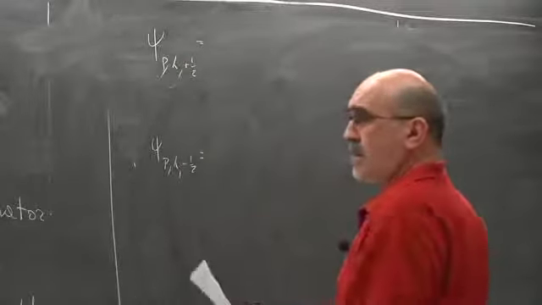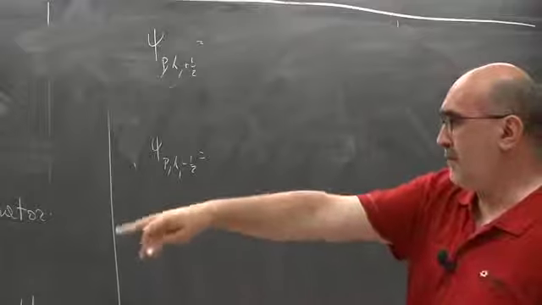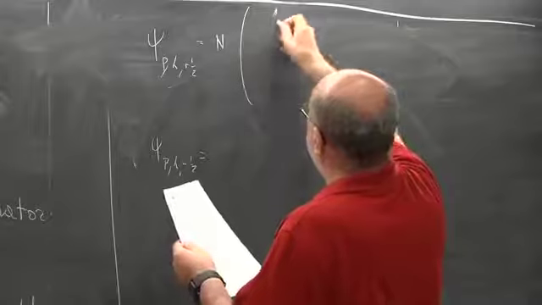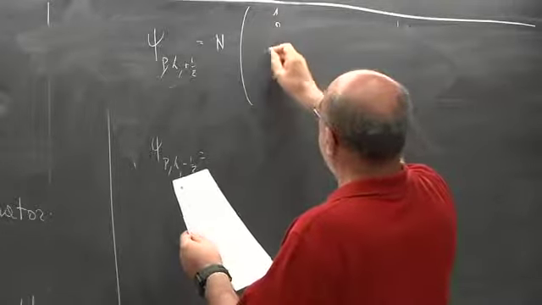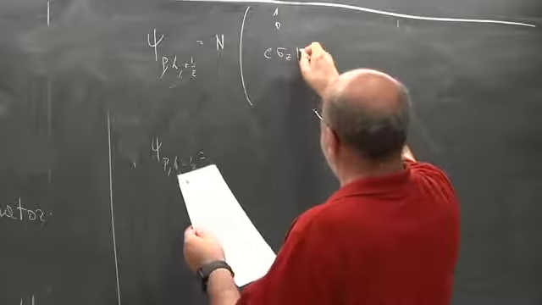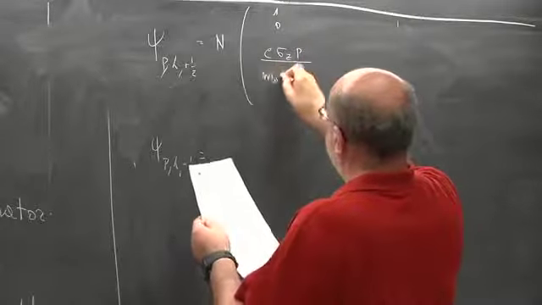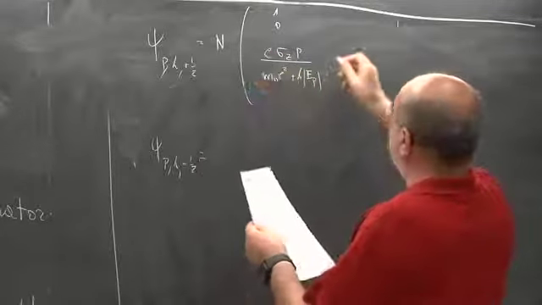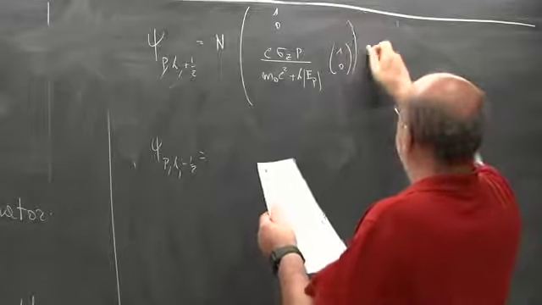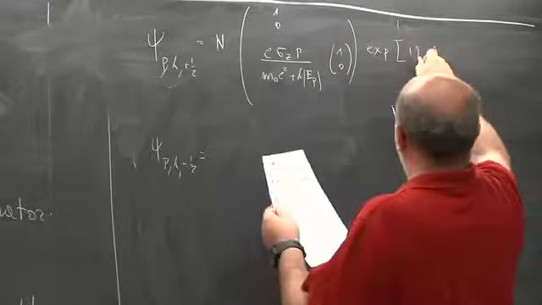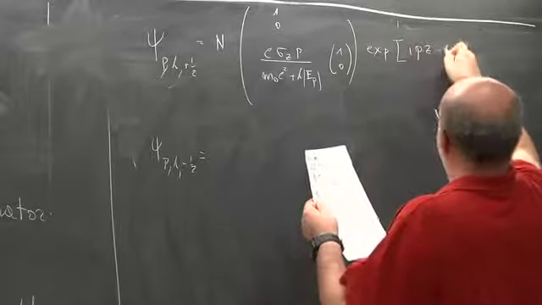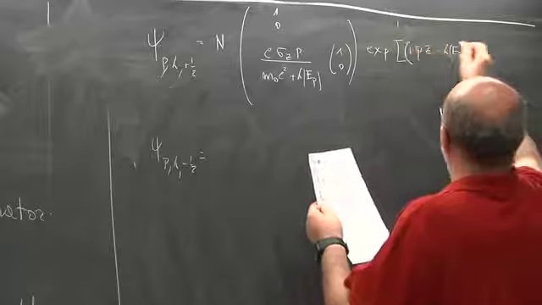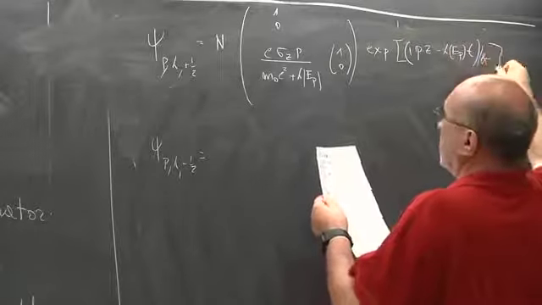Now, the solution, remember the form, we had the N. The solution just comes out to be the following: G sigma Z P over m0 c square plus lambda EP, times N, that normalizing factor that we found before, times exponential of i PZ minus lambda EP times T, all over H bar.